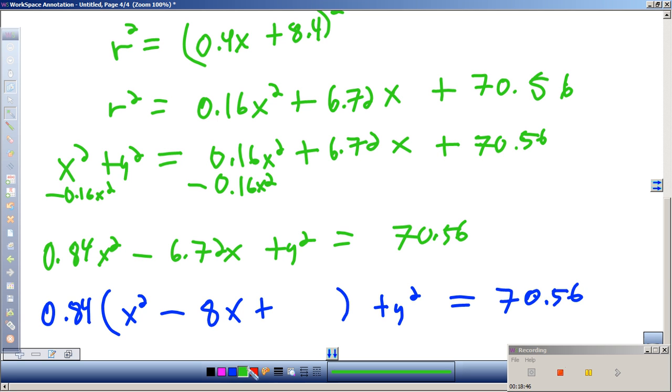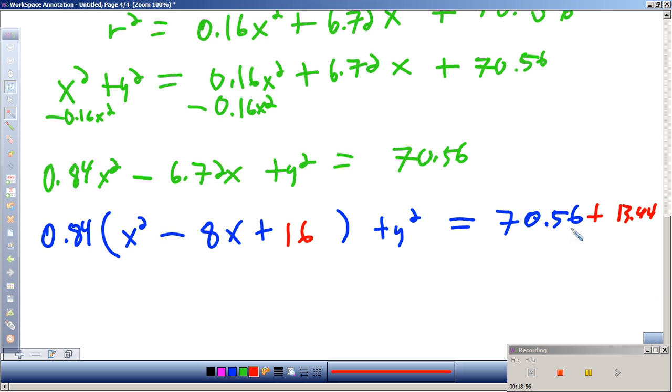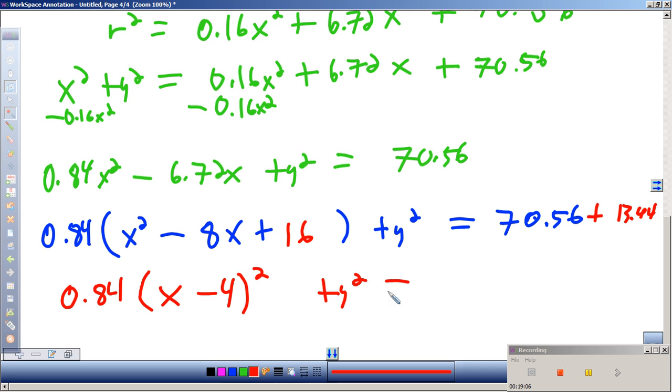What number do we need to add here? Plus 16, and over here 13.44. So we have 0.84 times x minus 4 squared plus y squared equals what?